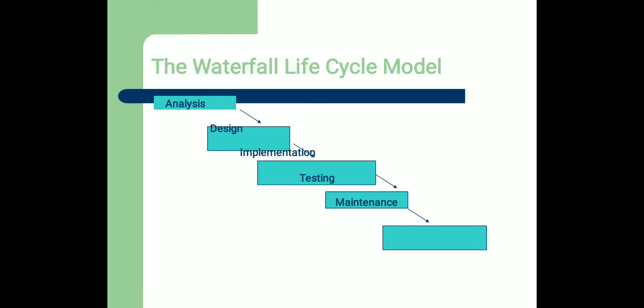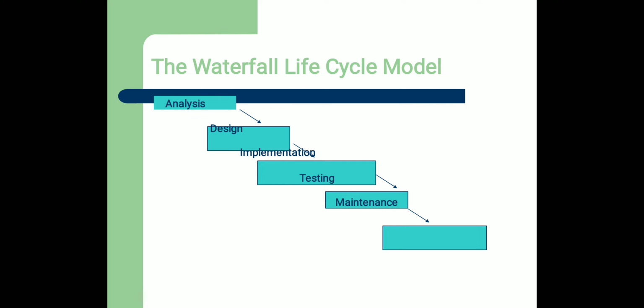After completion of that particular phase, we go for the implementation. You write the code based on the paperwork, whatever designs you have designed, implemented by writing the source code.